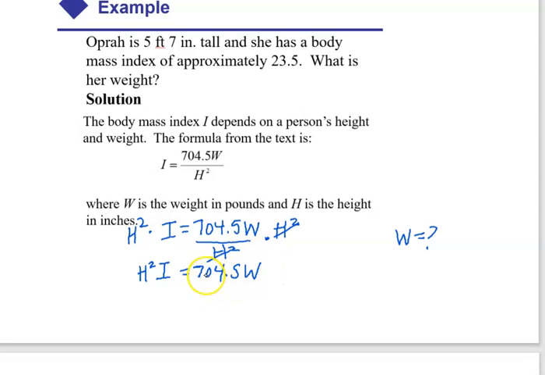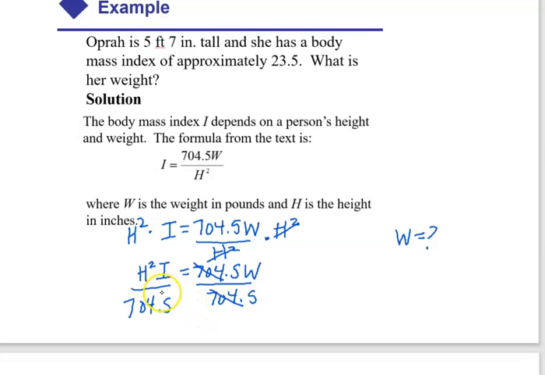Right now, I need to get rid of 704.5, and it's 704.5 times W. The opposite of multiplication is division. So that's how we would get rid of it. And if we divide on this side so that those two will cancel out and turn into 1, I'm going to have to divide on this side.